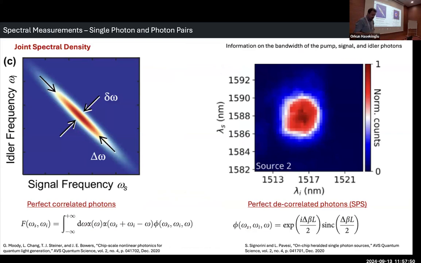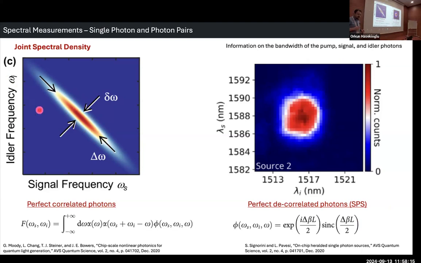What we do next, we will separate the signal and idler in different paths. Then we will use narrow line width filters to check this correlation, this G2 peak, if it stays there. For example, the intensity here is this G2 function intensity.